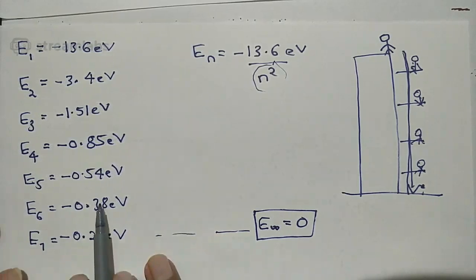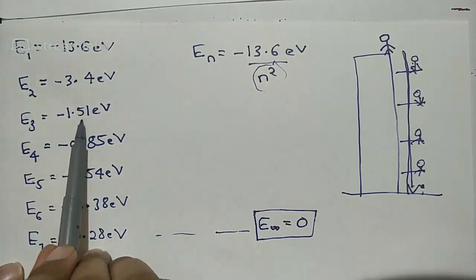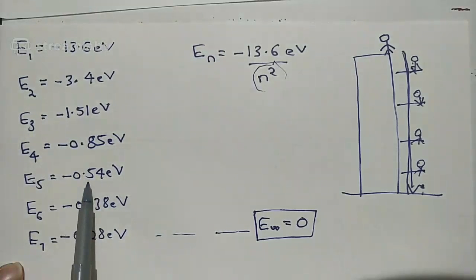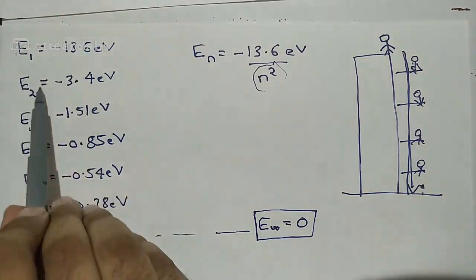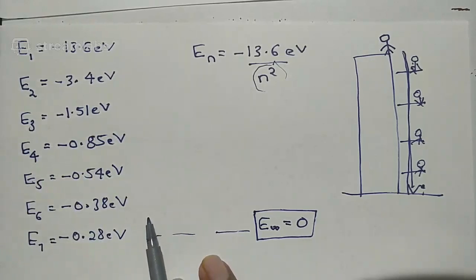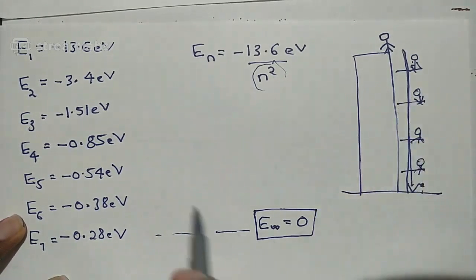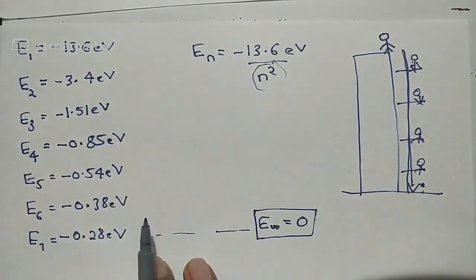But if you look at the electron energy levels, look at the first value 13.6, next value 3.4, next value 1.51, next value 0.85, next value 0.54. That means there is a gap between first and second, second and third, third and fourth, fourth and fifth. So that is the meaning of energy levels being discrete. What about here? Energy levels are continuous. Here the energy levels are discrete.